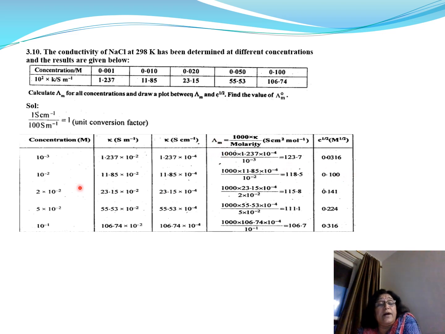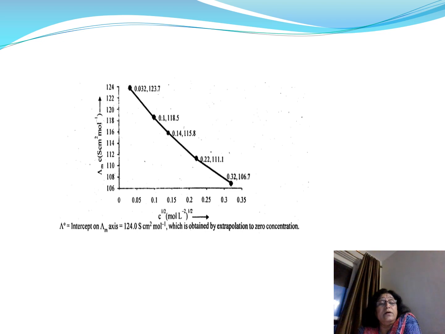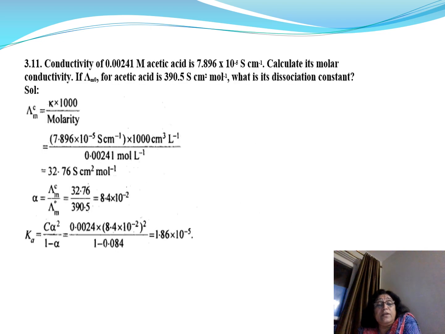Then you have to plot the graph between molar conductivity and the square root of concentration. At various points you have calculated the molar conductivity at various concentrations, then extrapolating it to 0, you get the molar conductivity at infinite dilution.